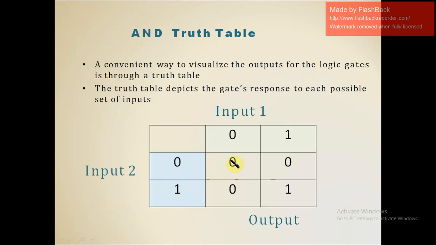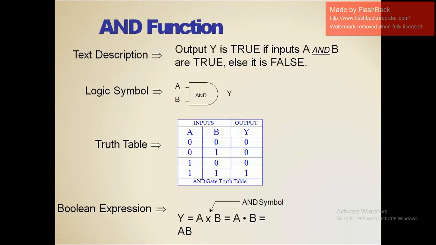And the truth table: this is the input, this is the input. 0, 0 gives 0; 0, 1 gives 0; 1, 0 gives 0; 1, 1 gives 1. This is the detailed slide given here, with description and logical symbol.